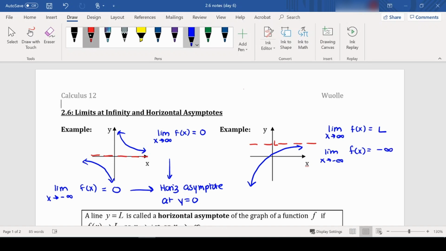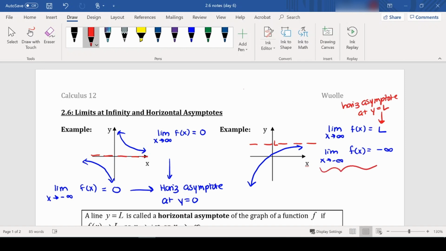So this part here tells me that I have a horizontal asymptote at this y value, so that's 2 or 5 or whatever that's at. The other piece tells me that as x goes on forever, so does y.